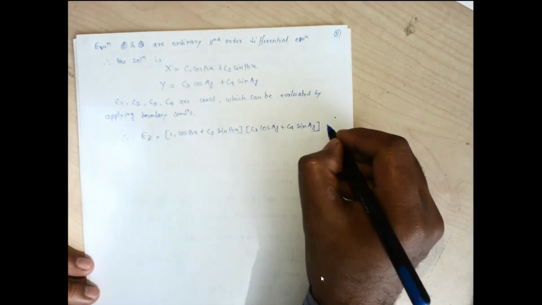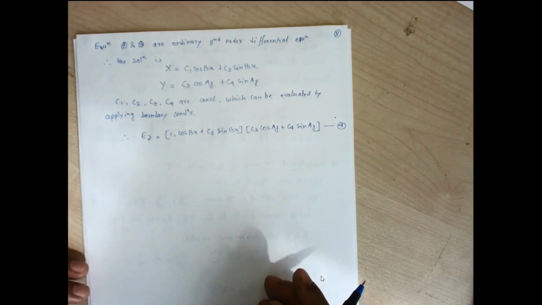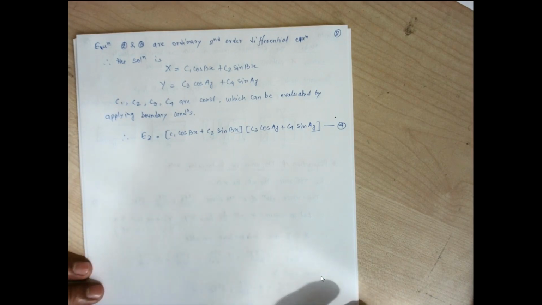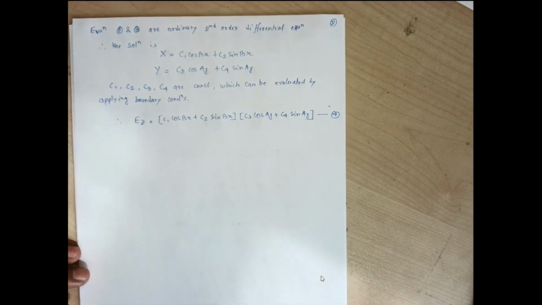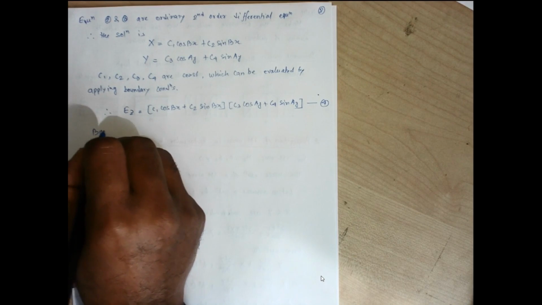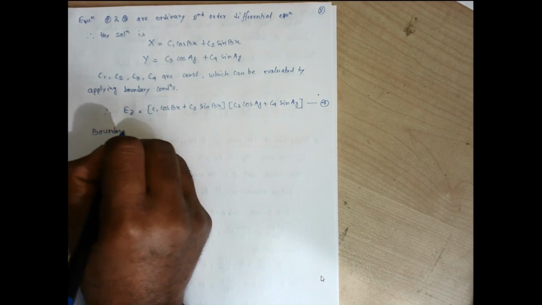Let us give equation number 4. Okay, so we have our Ez. Now we need to find out these constants c1, c2, c3 and c4 by applying the boundary conditions.